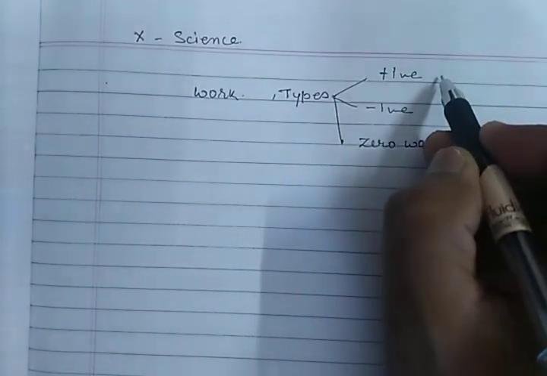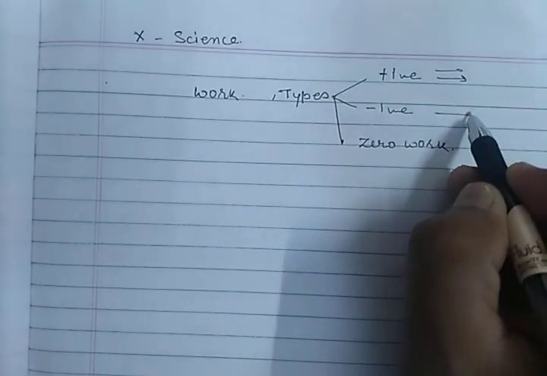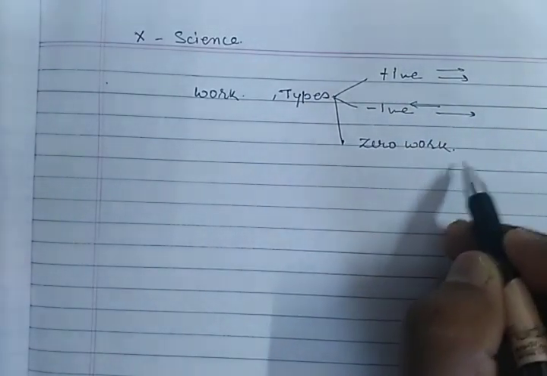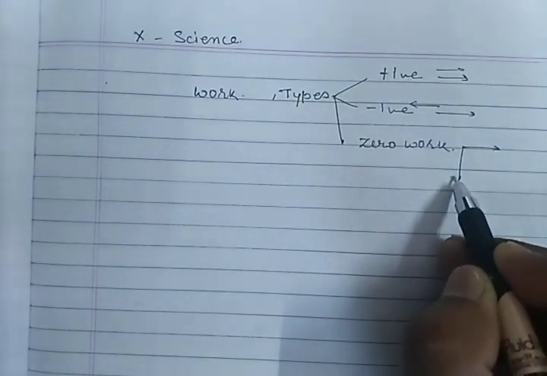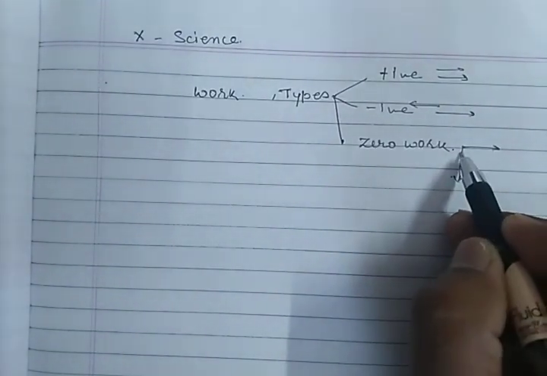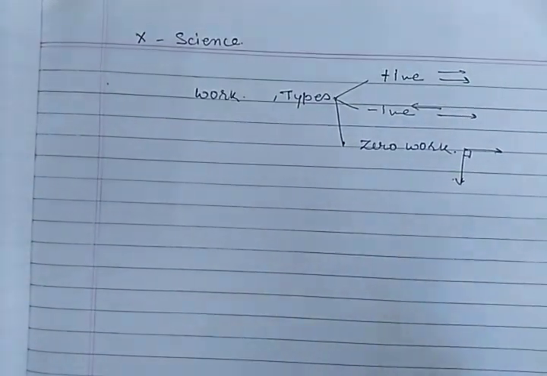In positive work, I told you that force and displacement are in the same direction. In negative work, force and displacement are in opposite directions, and in zero work, if force and displacement both are present, then they are perpendicular to each other.